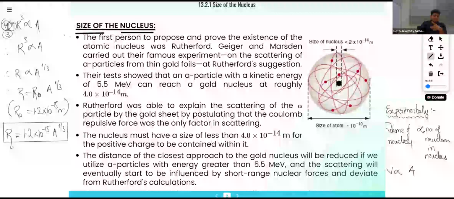Okay, so first we studied the nucleus shape. The shape will be spherical. It can have a deviation of 10%. Then second we have size. For size, I explained that if you have hydrogen and sodium, which size will be greater?